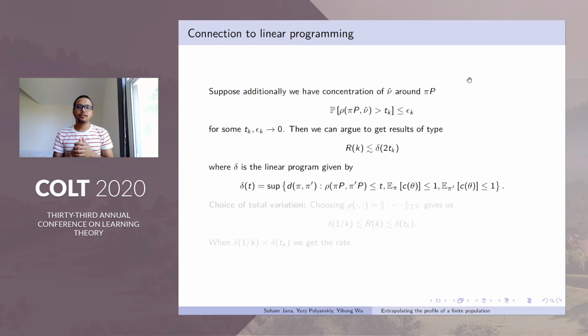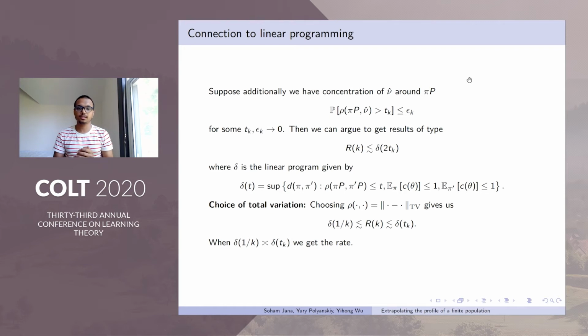Now we note that if additionally the empirical estimator nu hat has some concentration properties, then we can come up with some linear program delta that bounds the risk from above. The beauty of choosing total variation distance is this: when rho is equal to total variation distance, then the same linear program can be used to bound the risk from below.